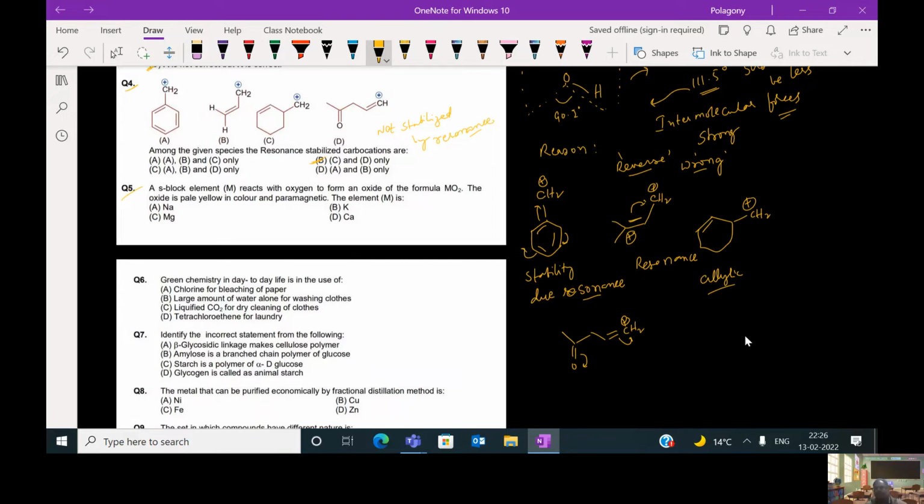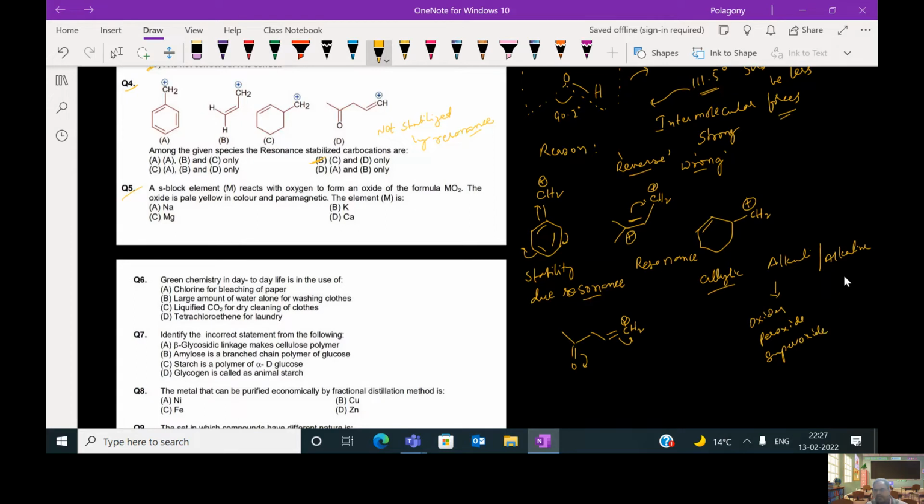S-block elements are of two types: alkali and alkaline earth. Alkali metals can form oxides, peroxides, and superoxides.